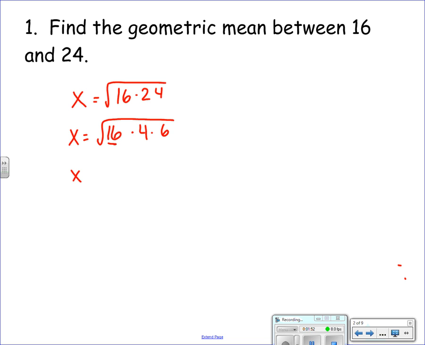So I have 4, 2, that's going to be 8 root 6. So 8 root 6 is the geometric mean between 16 and 24. And again, that is useful to us for some theorems that we're going to have in this section.